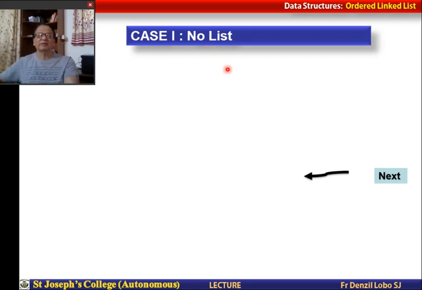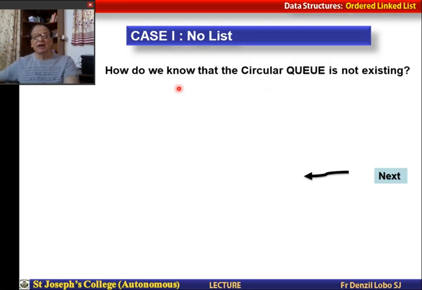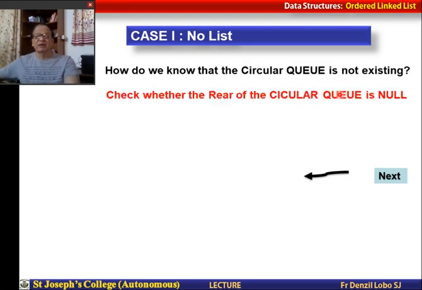Case 1, there is no list. Always case 1 is either there is no list, or there is no queue, or there is no stack, etc. So here we say there is no list. How do I know that there is no queue existing? Very simple. Check whether the rear of the circular queue is null.